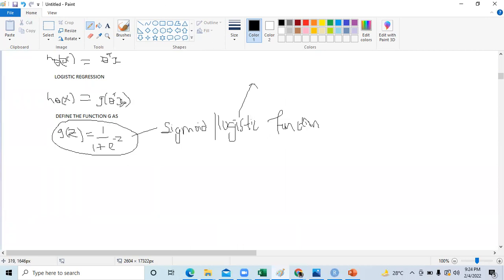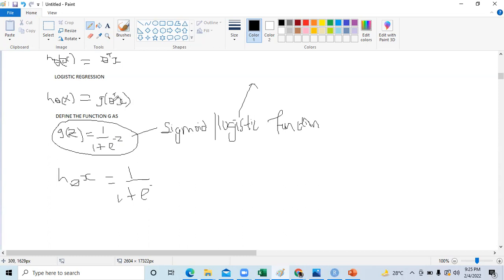So if we take the two functions and put it together, here's what we'll get. If we take this function and this function and put it together, we're going to get h of x equals to 1, that's this g, right? 1 over 1 plus e raised to power minus z. This z is going to be what?